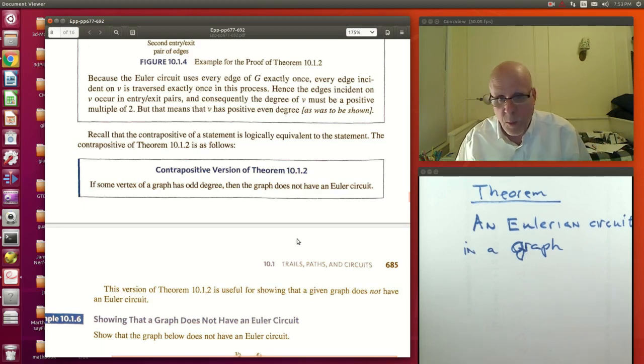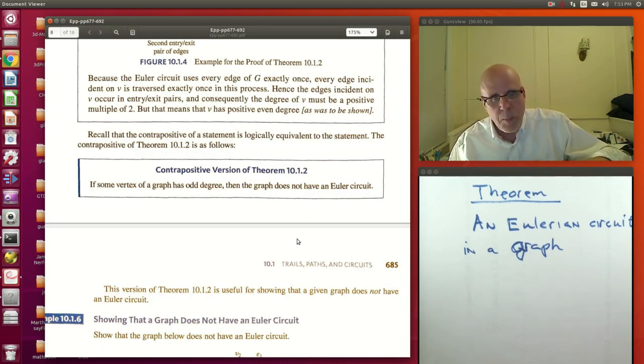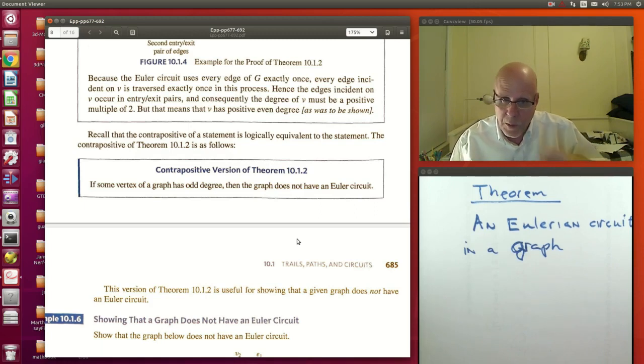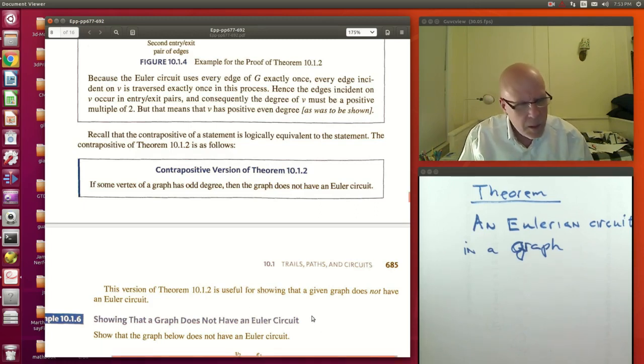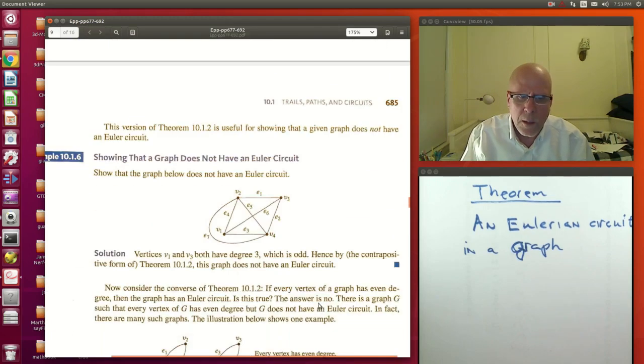You have to be able to get from one component of the thing to the other so that you can cross. You'd only be able to cross the edges in the part that you were stuck in. If there was another piece that was separated from you, you'd never be able to get to those guys. So you need to have a connected thing with all even degrees. And I believe that's all that's necessary.